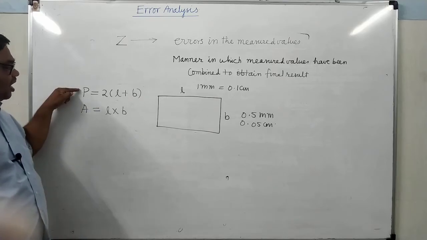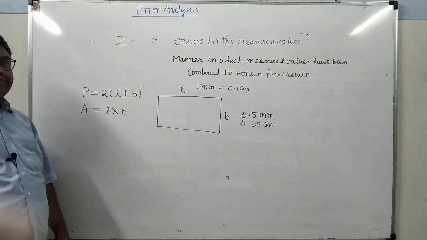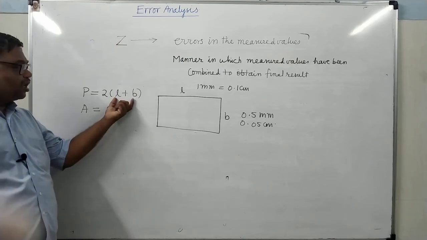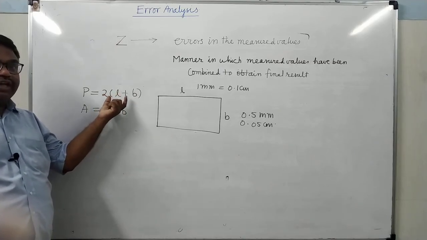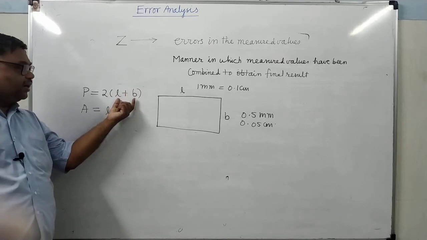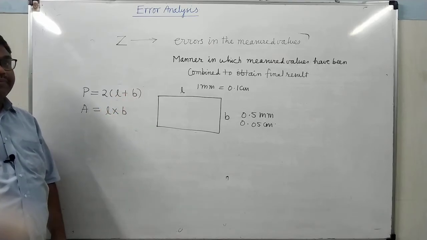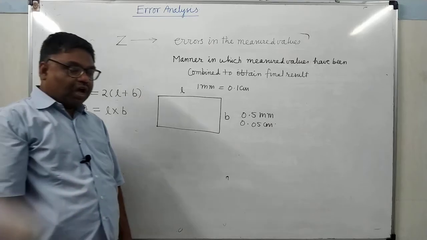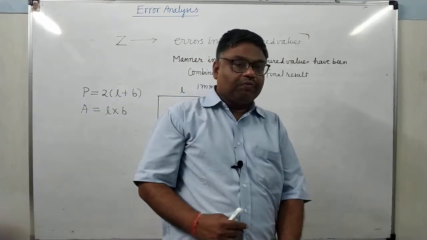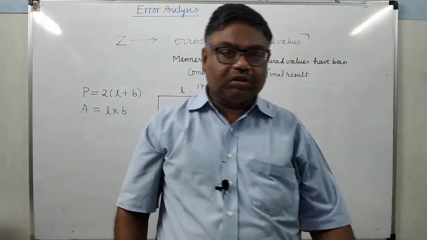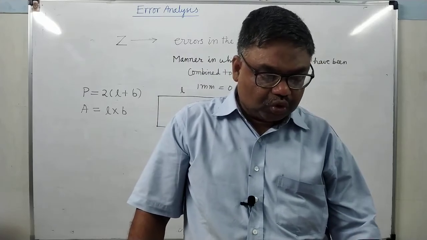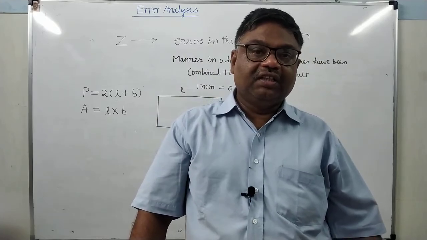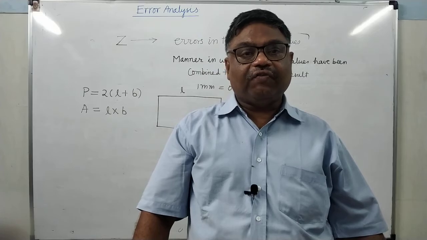But here the amount of error in both will be different because they have been combined in a different way. Here both are added and here both are multiplied. So how will you calculate this? There are some rules, and by using those rules we will calculate this. This is called the propagation of error.